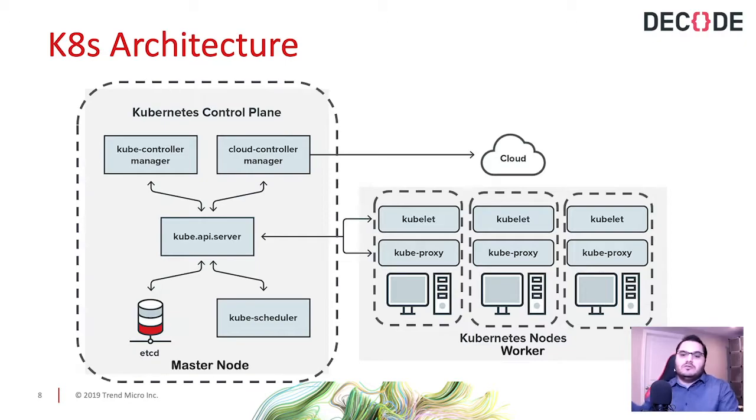So which node each pod is going to go into, right? And we're gonna go into the pod definition itself on the next slide. And you have the cloud controller manager that interacts with the cloud providers, managing resources such as load balancers and disk volumes, right? So this is the master node. It's also known as the control plane.